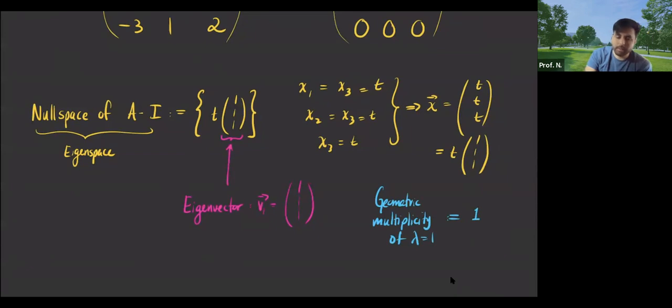Why is it 1? Because the dimension of the null space of A minus I is 1. Why is it 1? Because there's only one eigenvector. It's only one basis. Is that clear, guys? So that's our first eigenvector.